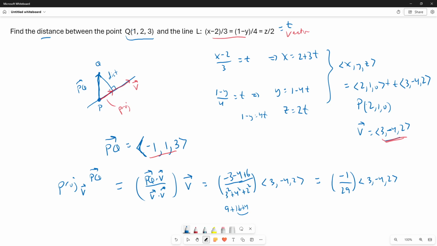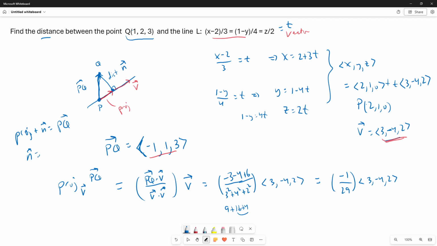Now if we look at this picture, let's call this vector here from this point to Q, let's call that vector N, for normal vector, perpendicular to the line. Then the projection vector plus the normal vector, if we add those two, will give us the vector PQ.